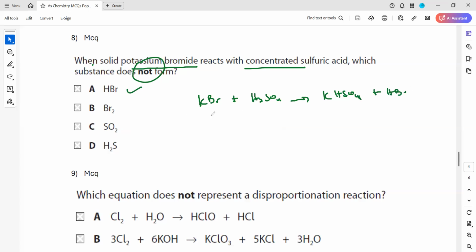Then this hydrogen bromide, which contains bromide ion, reacts with sulfuric acid. So it will form bromine and sulfur dioxide. What does not form is hydrogen sulfide. So D is the right answer, because bromide ion is not as good a reducing agent as iodide ion.